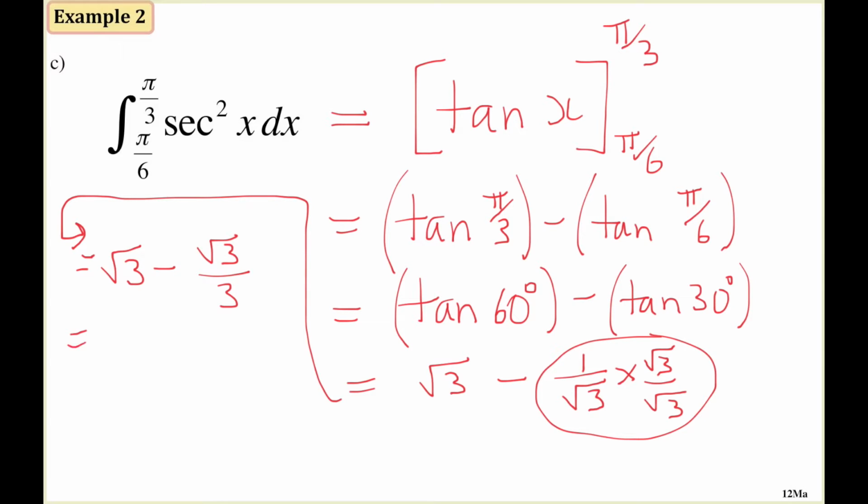If I combine those, the first part times top and bottom by 3, then I get a common denominator of 3. On the top I've got 3 square root 3 minus 1 square root 3, which is 2 square root 3. So that's how we merge the answers together.